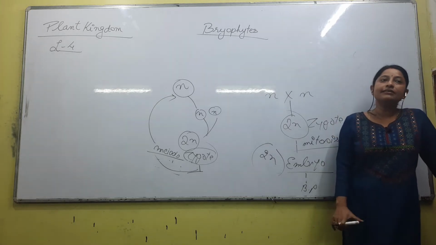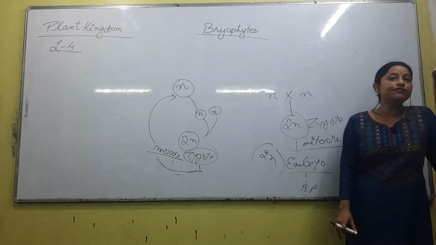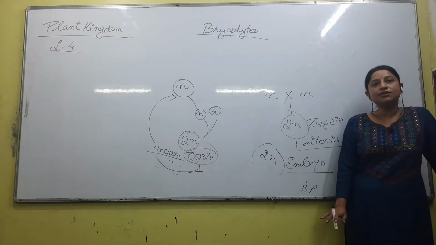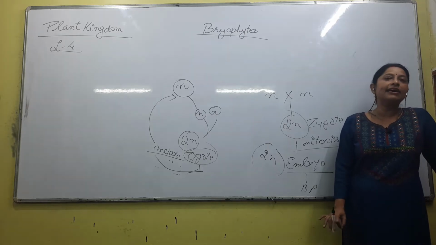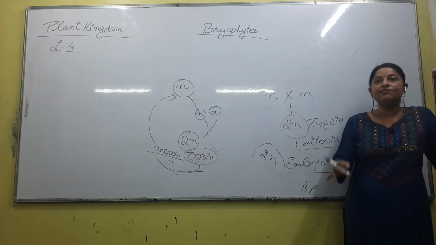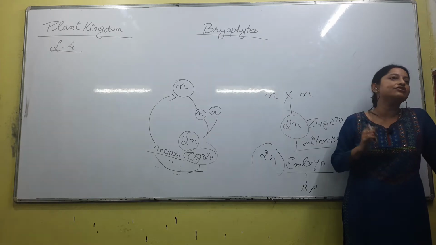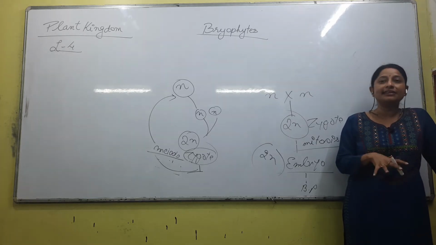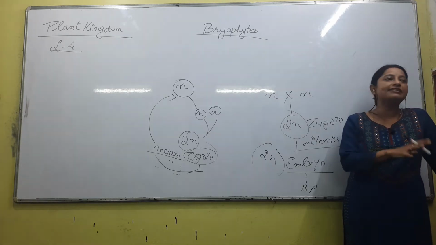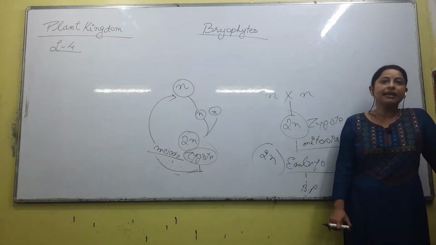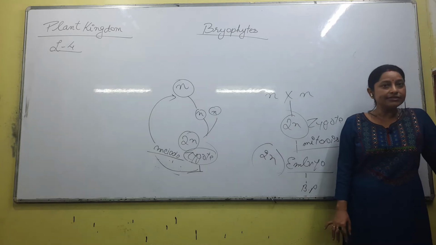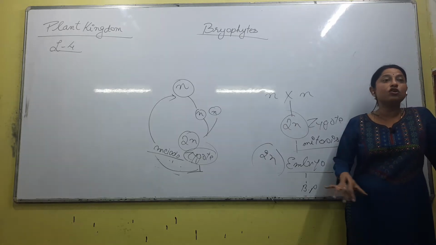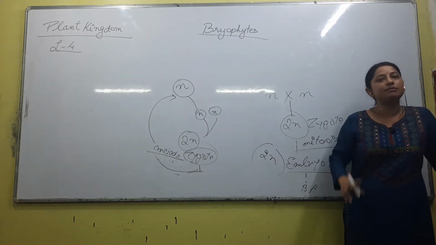Another point is the requirement of water for fertilization. In lower plants, if fertilization has to occur, they are always water dependent. If there is water, then only fertilization will take place. That is another condition. If there is such a condition, the plant is called what? Primitive. Angiosperms do not require water. In Angiosperms, the male gamete does not have to swim in water to reach the female gamete.